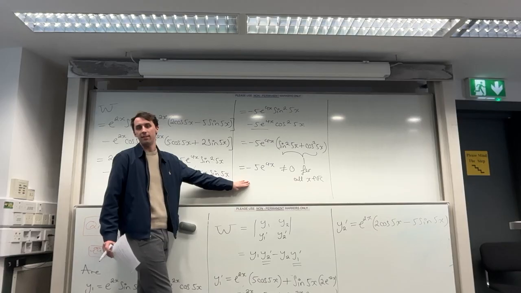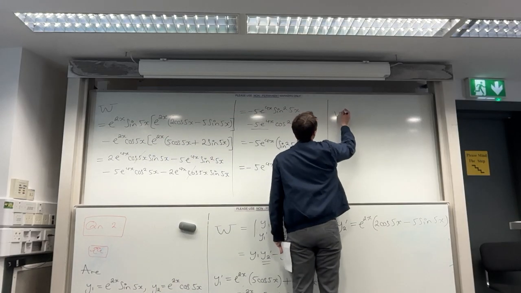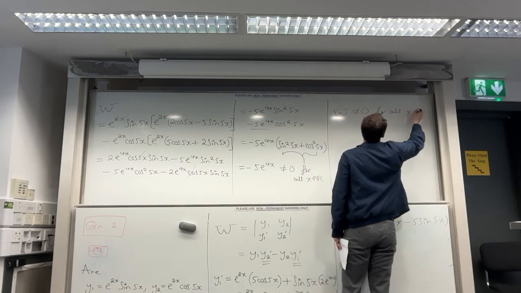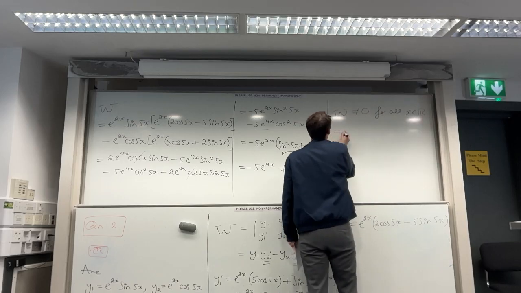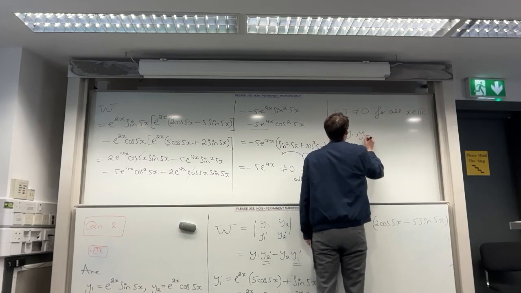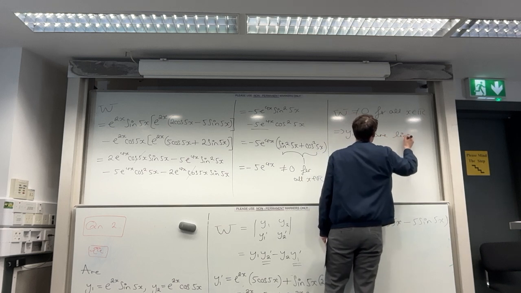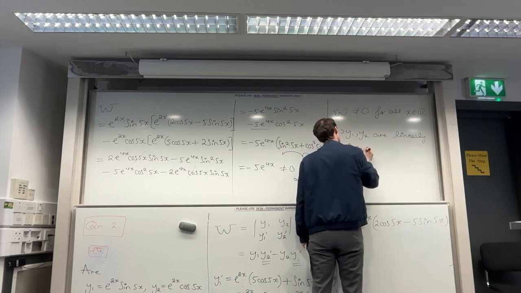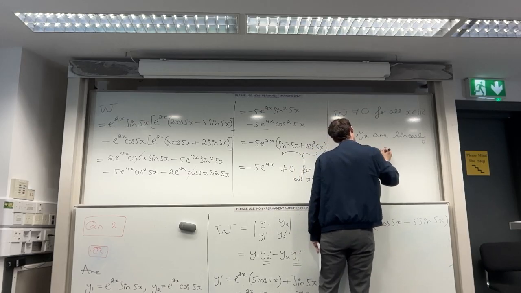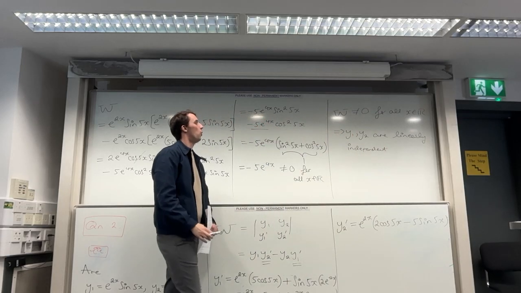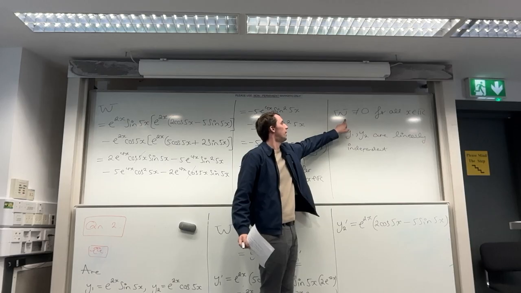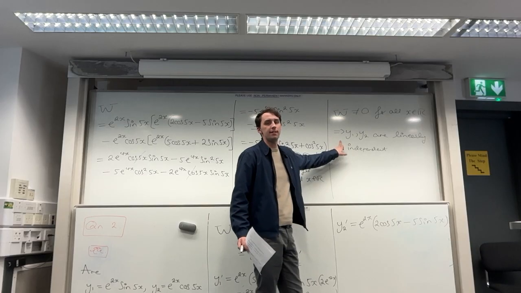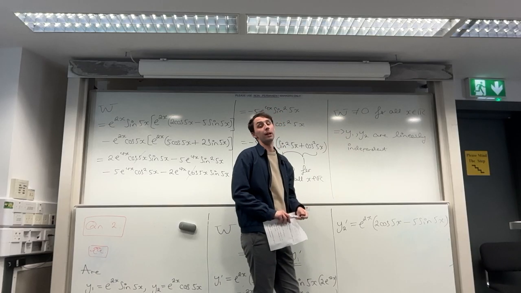According to the Wronskian test, this implies that y1 and y2 are linearly independent. So in this example, we've shown that the Wronskian of y1 and y2 is non-zero for all real x, and according to the Wronskian test, that implies that y1 and y2 are linearly independent.